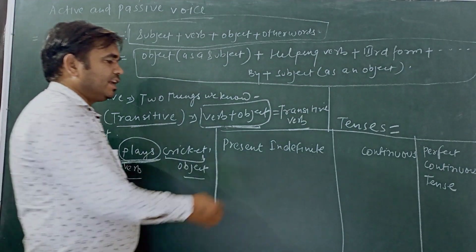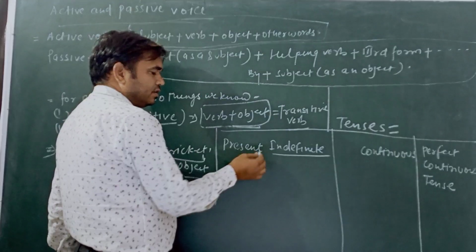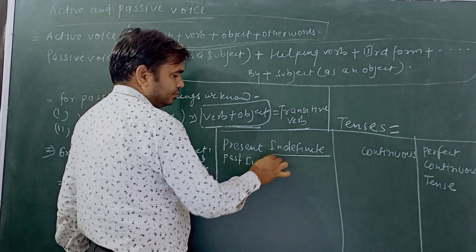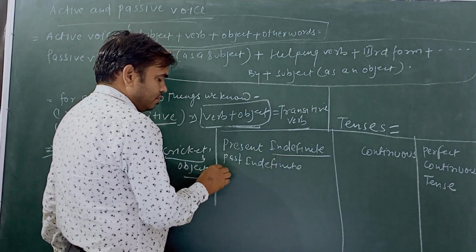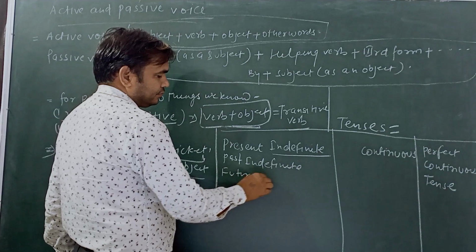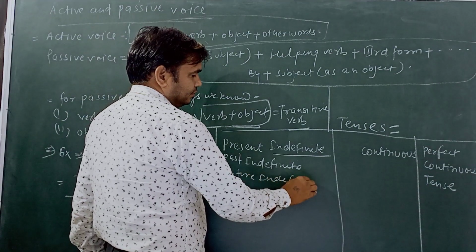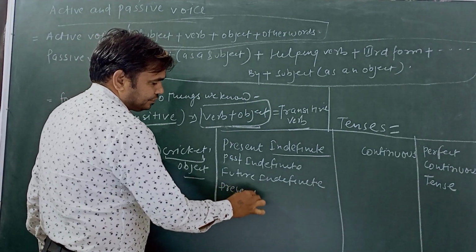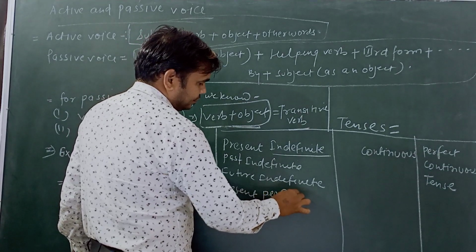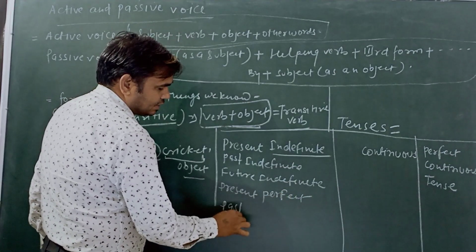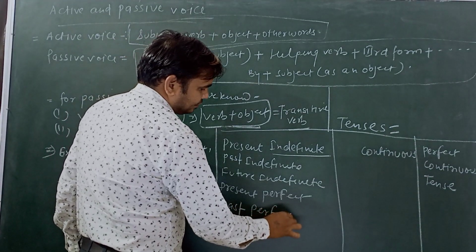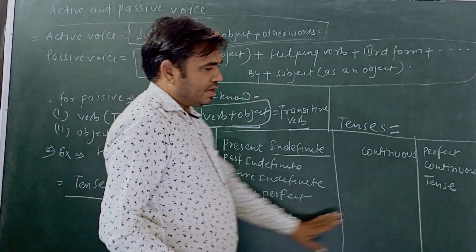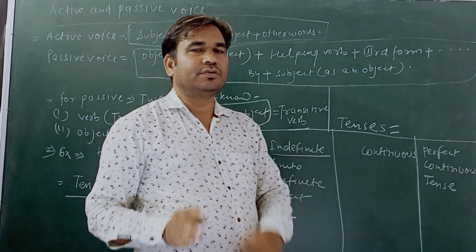Here you see indefinite: first present indefinite, past indefinite, future indefinite, and then present perfect, past perfect, and future perfect. And we have categorized all the perfect continuous tenses.